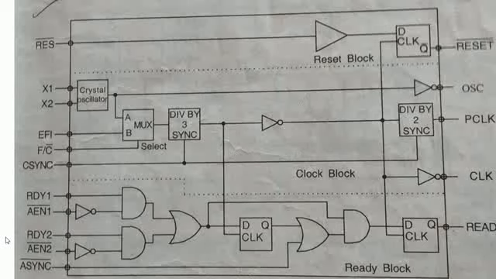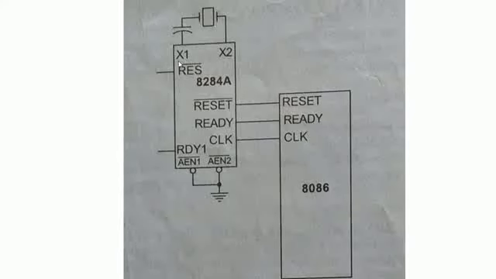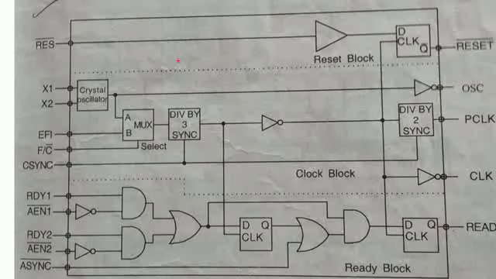This side are the inputs to the clock generator, and this side is the output from the clock generator. It is the internal block diagram of 8284, which we are going to study in the next video.